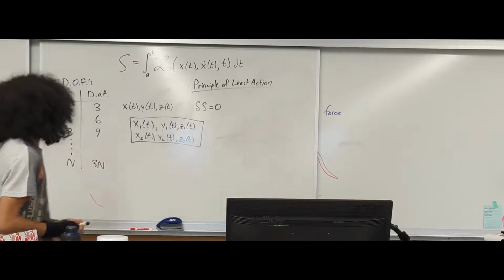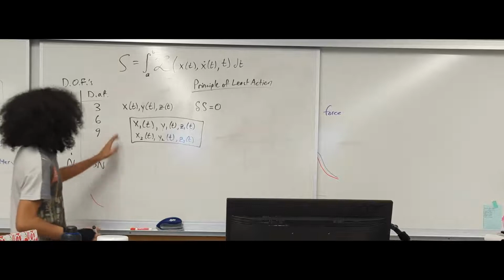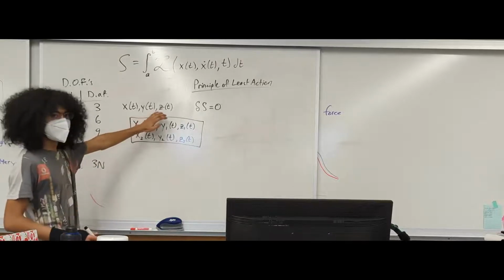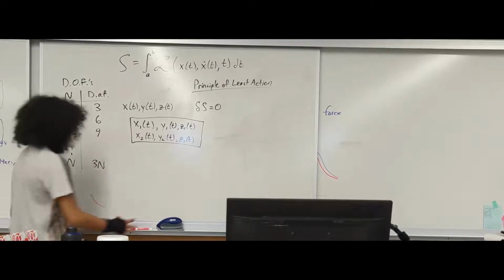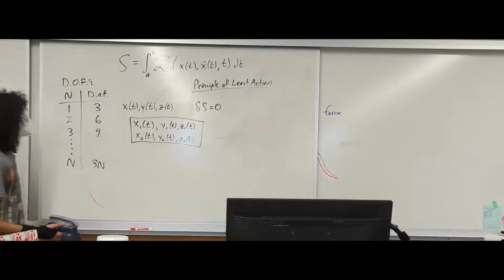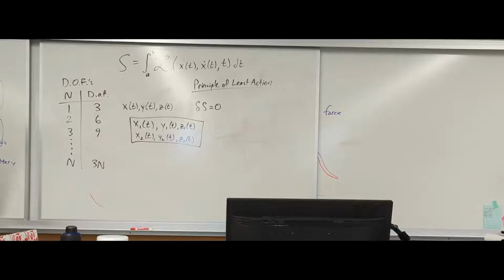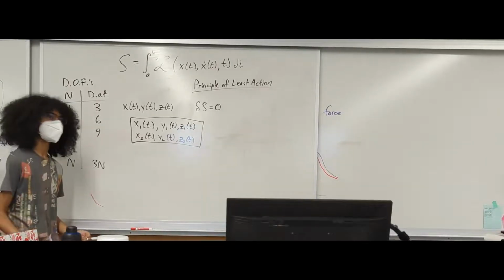And I want to talk about this because in some cases you don't want to use Cartesian coordinates necessarily. There are some systems where it's much simpler to use a different coordinate system, for example polar coordinates or spherical coordinates.